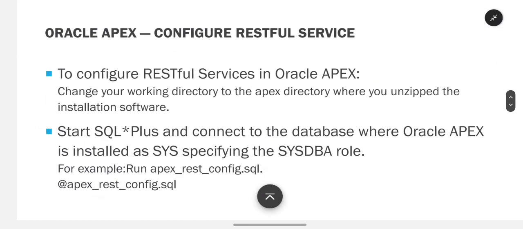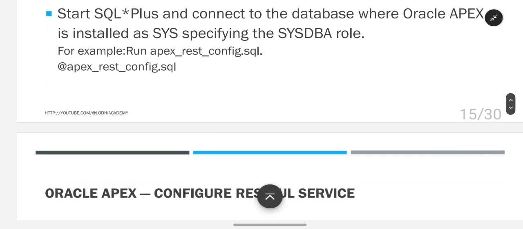To configure RESTful services in Oracle Apex, change your working directory to the Apex directory where you unzipped the installation software. Start SQL Plus and connect to the database where Apex is installed as sys, specifying the sysdba role. For example, run apex_rest_config.sql.